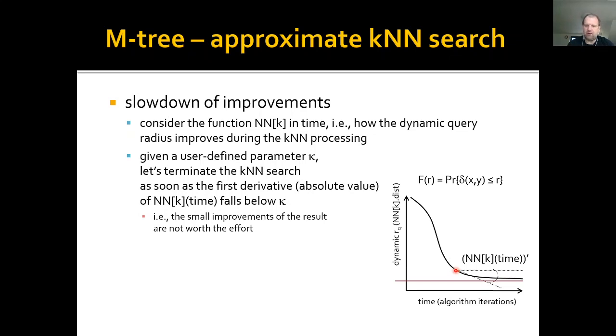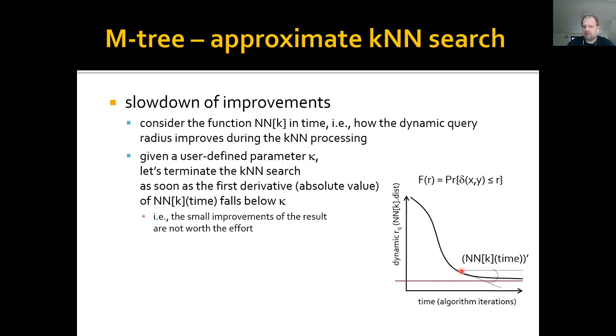We are okay with this approximate candidate. And how to do that? If we model this slowdown as a function, then we can accept some user-defined parameter kappa that will basically be the angle of the tangent in each point of the algorithm and the time axis.